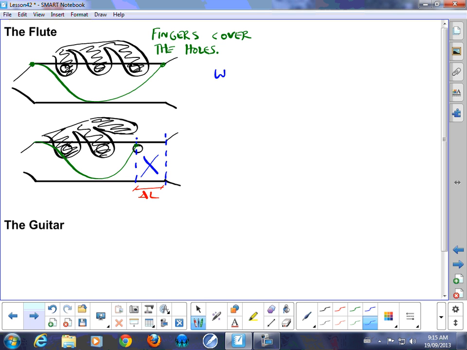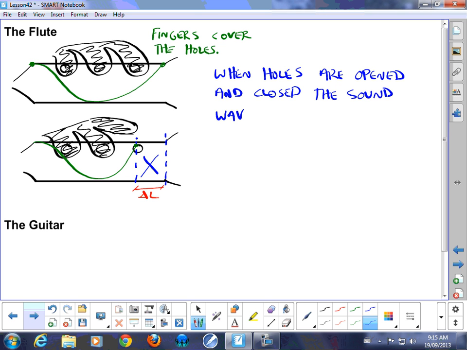So when holes are open and closed, the sound wave has a length to the first open hole.